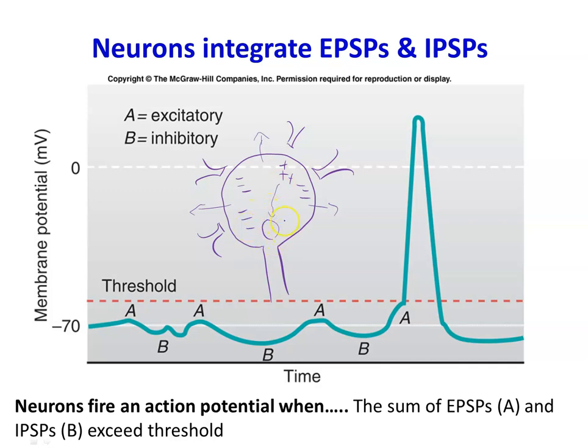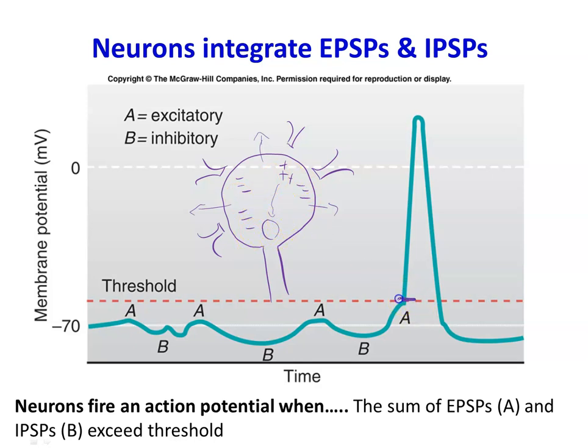So whatever net charge reaches the axon hillock, that's how the cell determines what to do based on all the messages it receives. That's what we call summation, because I'm getting the summation of all these charges coming to the axon hillock.